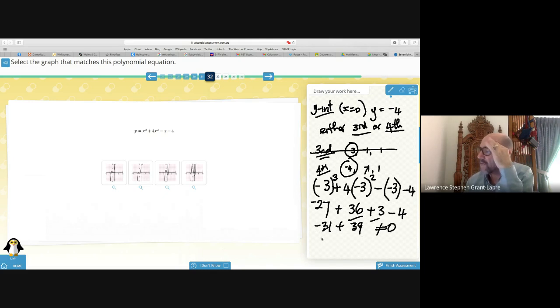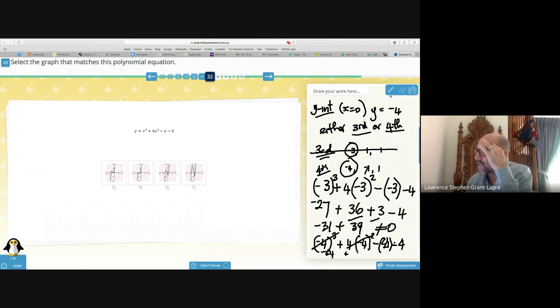Let's substitute negative 4 in, and let's just be sure. 4 times negative 4 squared minus negative 4 cubed minus 4. So the 4 cubed terms cancel. This is negative 64.